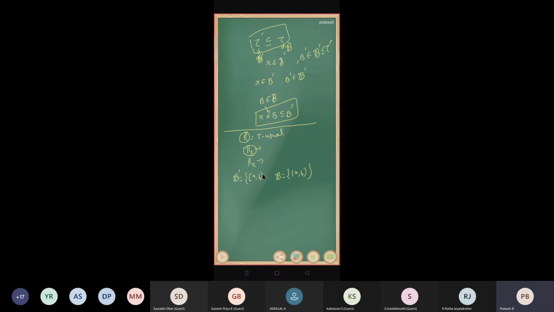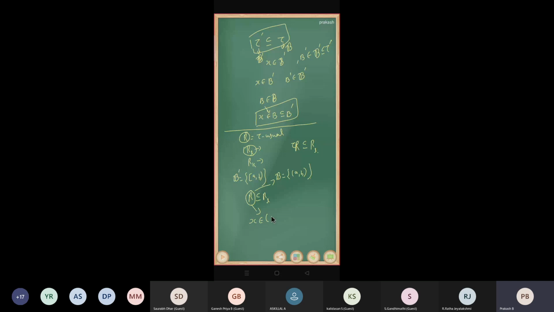Already I told that the usual topology is contained in the lower limit topology, right? That means we want to show that R is contained in R_L. First we take an element from the left hand side, that is x belongs to the basis element corresponding to R, which is script B. From script B, take an open interval a comma b.